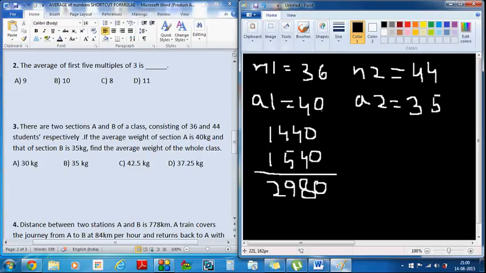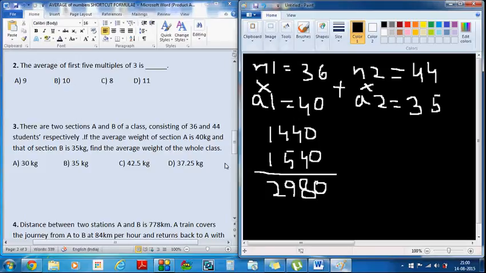N1 into A1 is multiplied and N2 into A2 is multiplied. Then we add both. The value will be 2980.